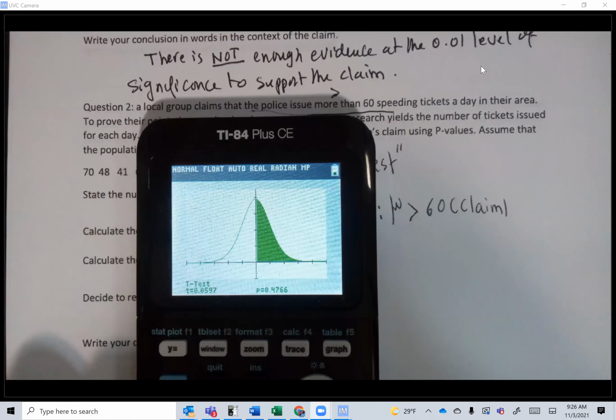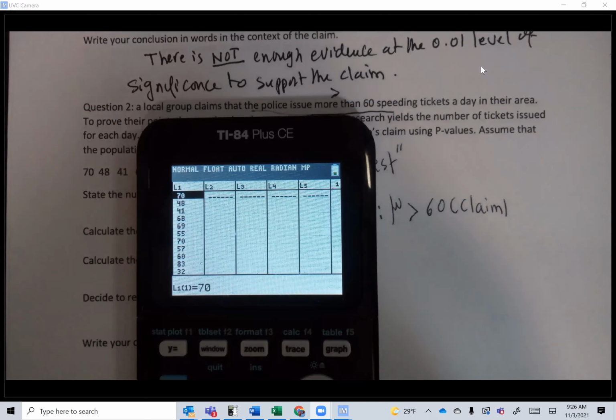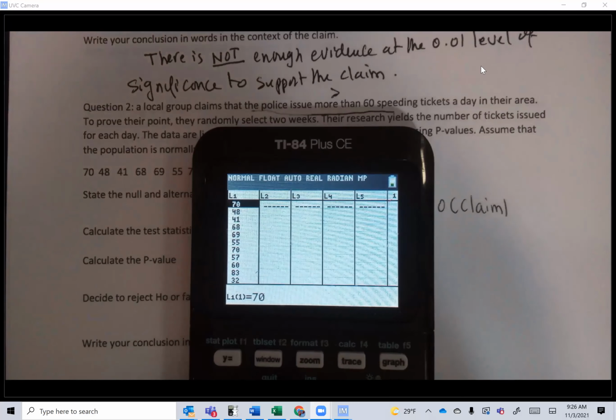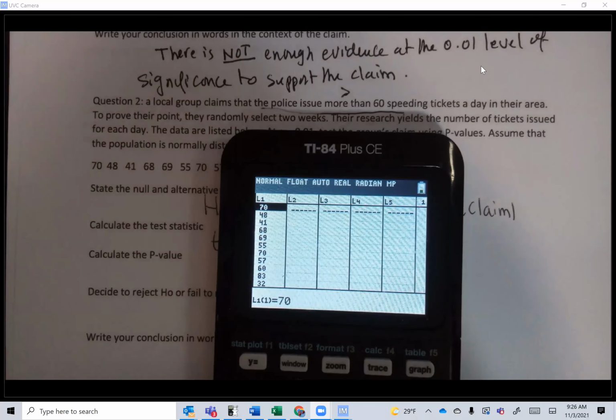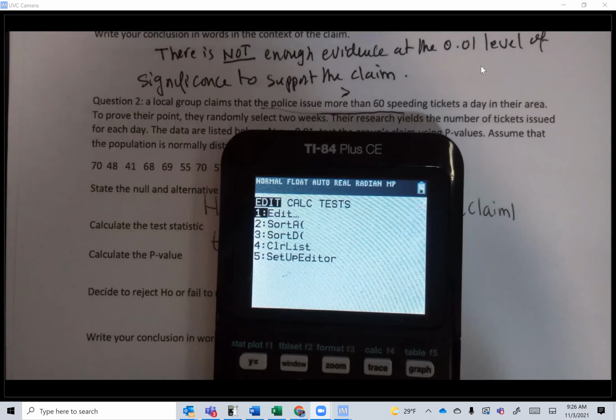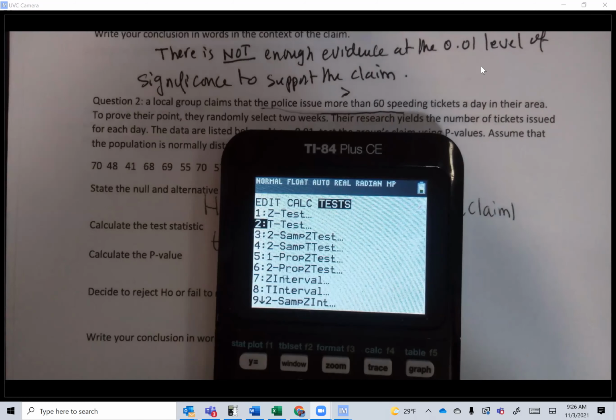Let me just make sure I didn't make a mistake with the data. 68, 69, 55, 70. Yeah, so I think that's correct. Double check your data set just to make sure.